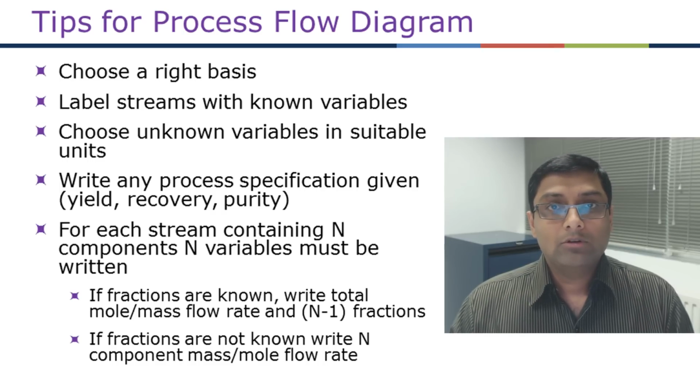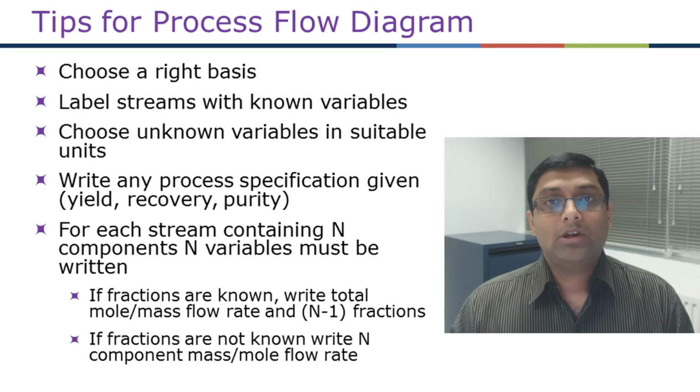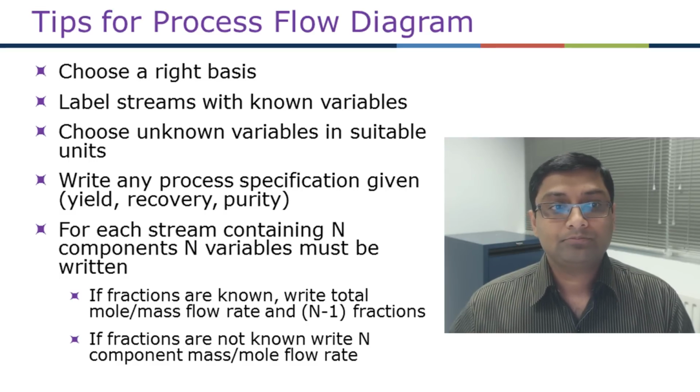Therefore, choose the basis according to what the question is asking. If the fractions are known, then you write the total mole or mass flow rate and n minus 1 fractions. If the fractions are not known, then you write n mole flow rates or mass flow rates for each component.